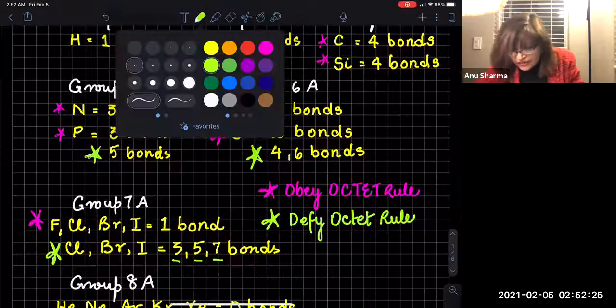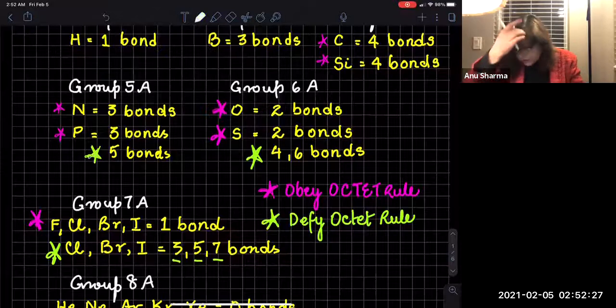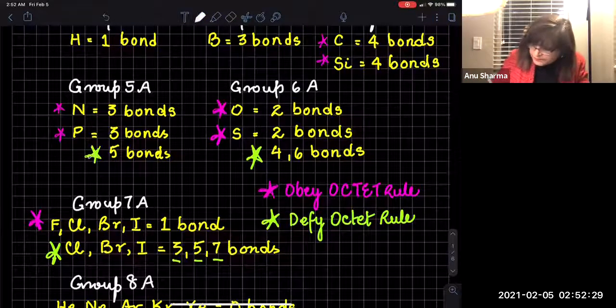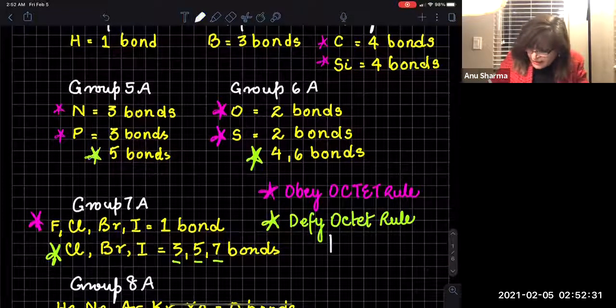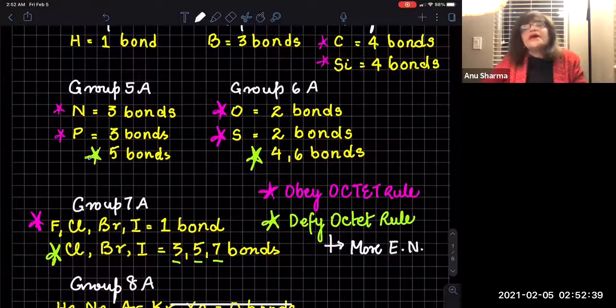Okay, will not follow the octet rule. So these guys will not follow the octet rule in what conditions? One, when they are connected to a more electronegative element. So chlorine and bromine, for example, if they bond together, chlorine is more electronegative than bromine.